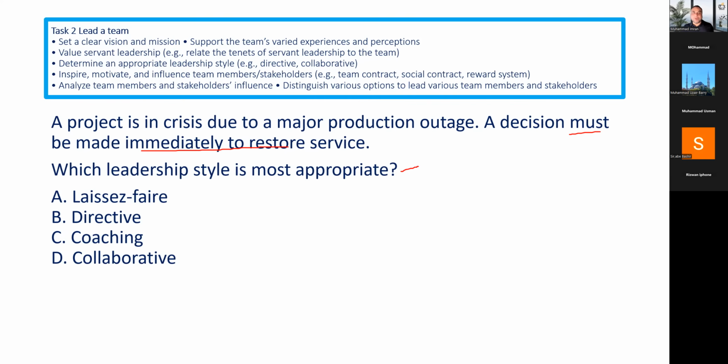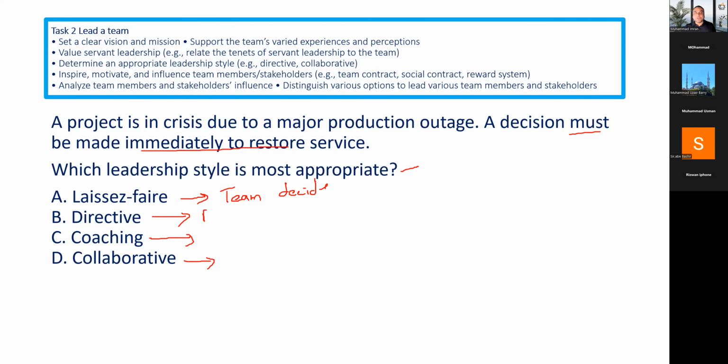Collaborative, right? Collaborative means all will work together to reach a decision. Coaching means you will guide them, you will let them find a solution. Directive means you will take the decision by yourself. Laissez-faire means let the team decide on their own, their own vision, their own goals related to the project. So in laissez-faire, the team is fully autonomous or semi-autonomous, the team decides.